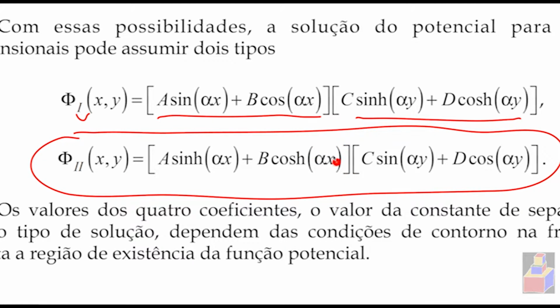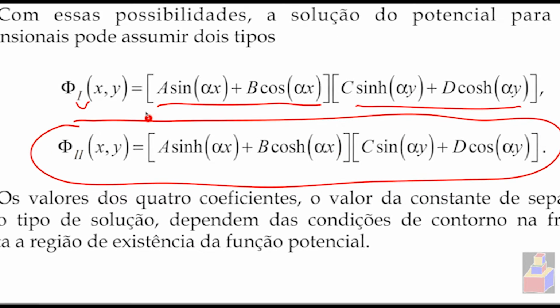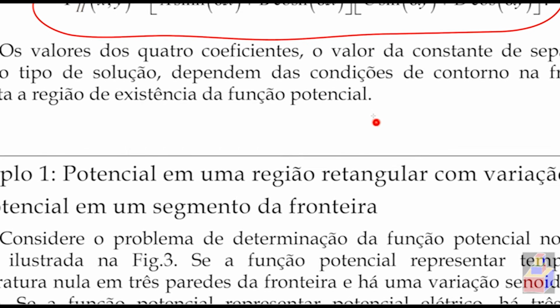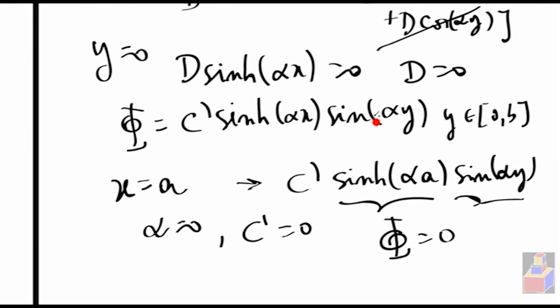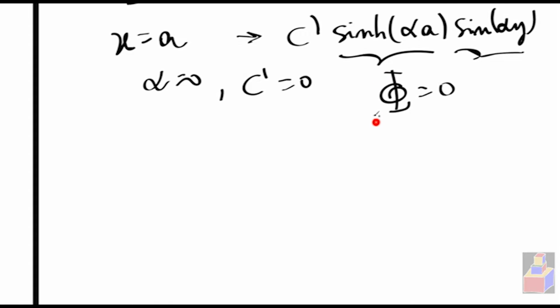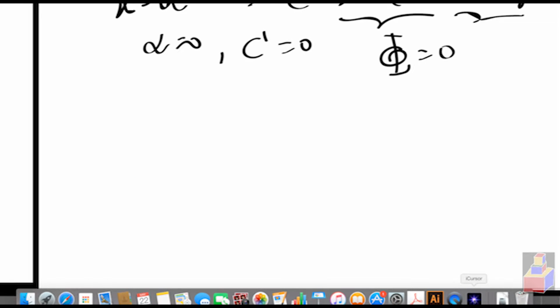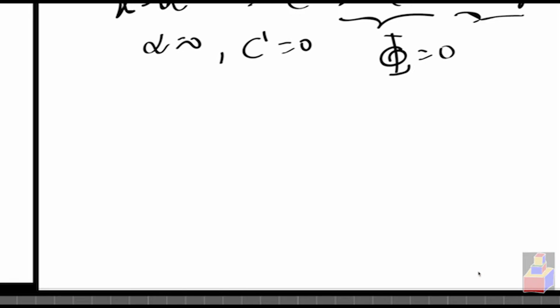So if we try to use the type 1 solution, then we have something a little easier. You know that I can apply the boundary condition at x equals 0 and y equals 0. I'm going to have a reduced form of this function, type 1. Let's just go a little faster here. We're going to have now a reduced form, already satisfying potential at x equals 0 and y equals 0.